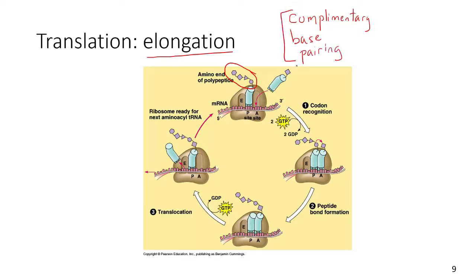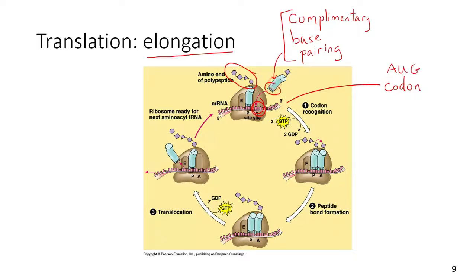Complementary base pairing is what is going to tell our transfer RNA that this is the spot for you to bind to. So we have on the messenger RNA a codon. We always started with that AUG codon.